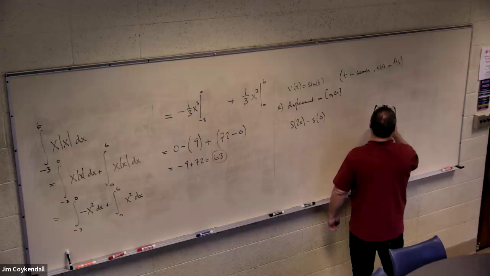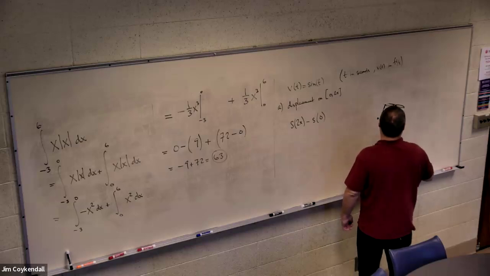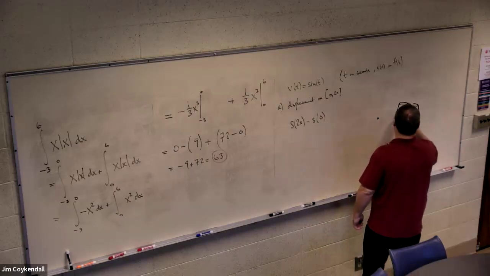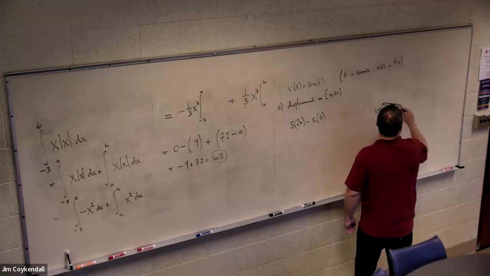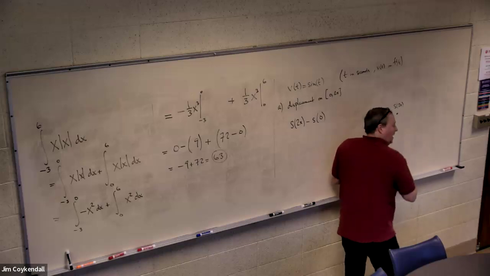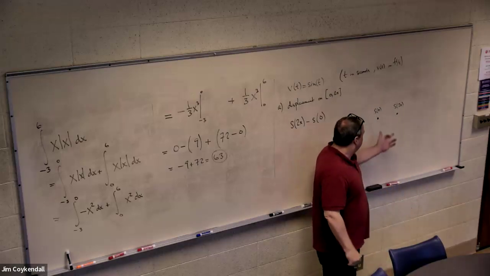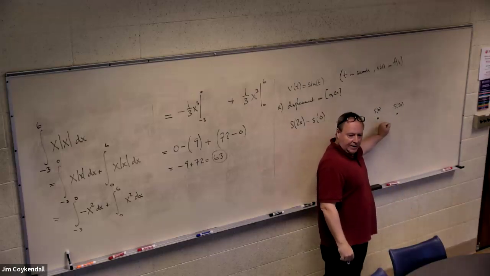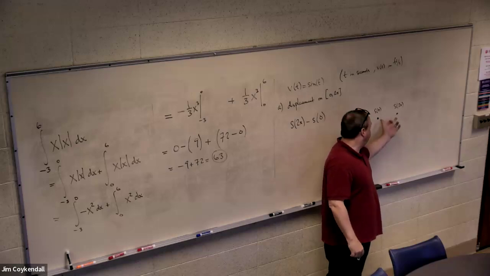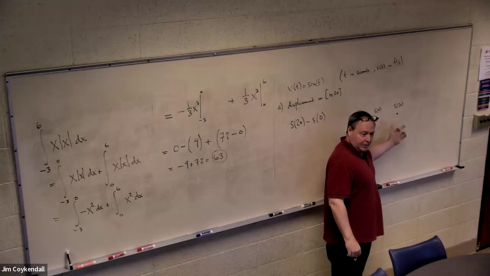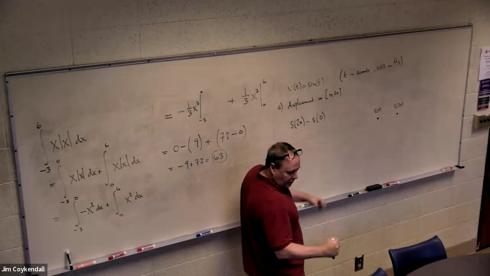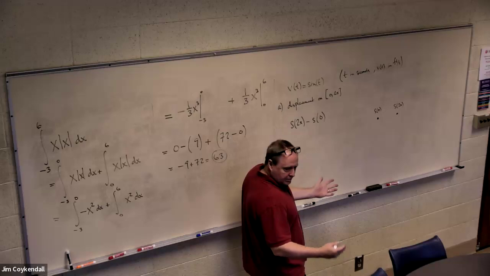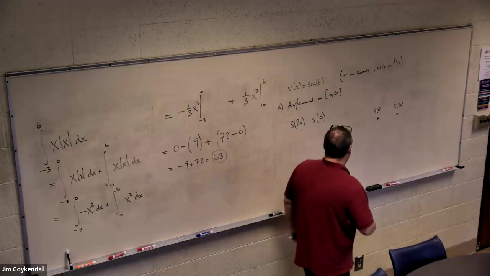Well, if the only information I've got is I start here and I end here, this is when time starts, and this is when time is up. But the only information I've got is I started here and I ended up here. My displacement is just the difference between these. That's exactly what it is. See where you started, see where you finished up. The difference in that is displacement.